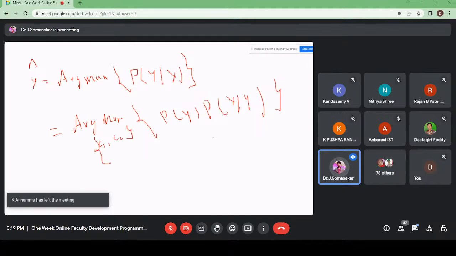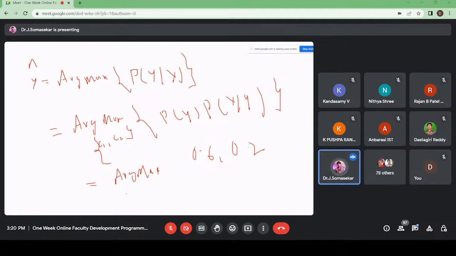We have to find both probabilities. Let us assume for C1 I got 0.6, and for C2 I got 0.2. These are the classes I have considered for the given data. What is the maximum probability? 0.6 is the maximum probability. So max is 0.6, but we are talking about argmax, the class corresponding to the maximum value. That is C1. Therefore, the final classification Y cap equals C1.